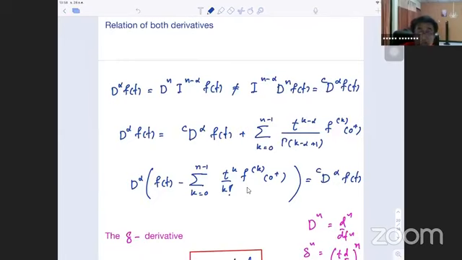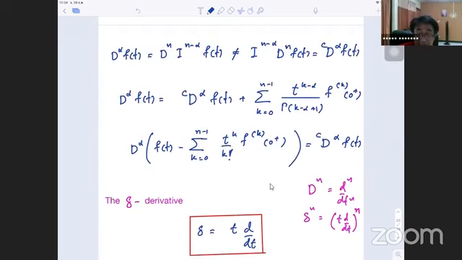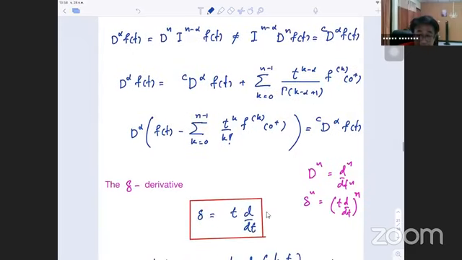Next, I would like to present another definition of derivative, namely the delta derivative. The delta derivative is right here, t d by dt. The delta derivative is different from the usual derivative.